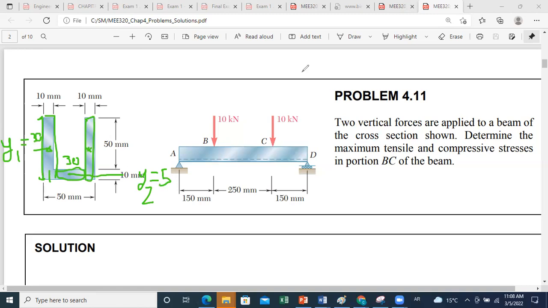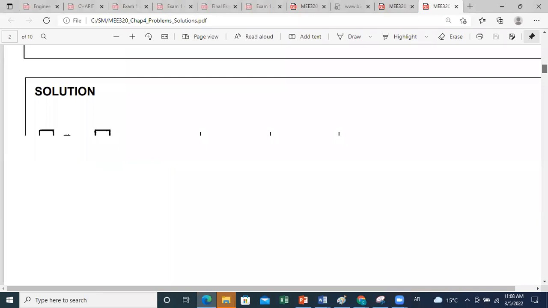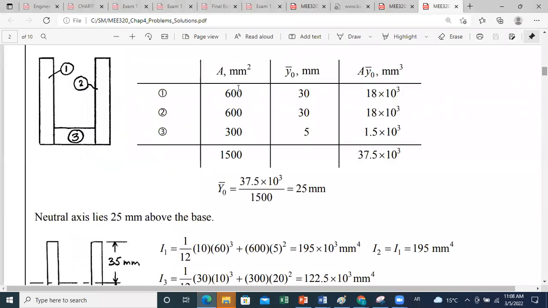Okay, and now I can use my table to summarize my results. I get the area of each part, I locate the centroid of each part, and then I compute for each area what a times y bar is, and then I use the formula of centroid, that y bar of my centroid is equal to the summation for i going from 1 to n.